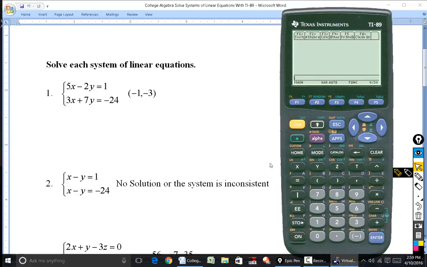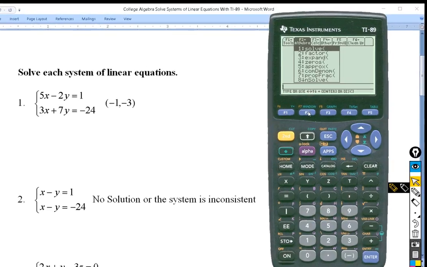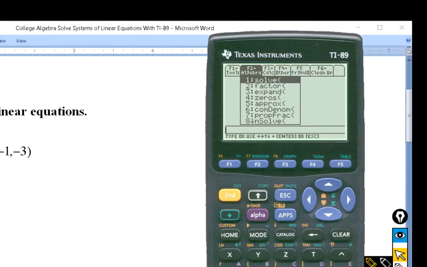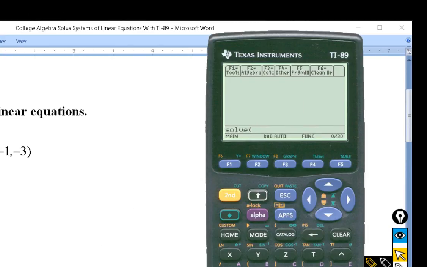Okay, so this is going to be the case where you have no solution, or the system is inconsistent. So let's see how that works on the calculator. So again, hit F2. Then we want number 1, so it's already highlighted, so hit enter, solve. And then we enter the equation, x minus y equals 1.